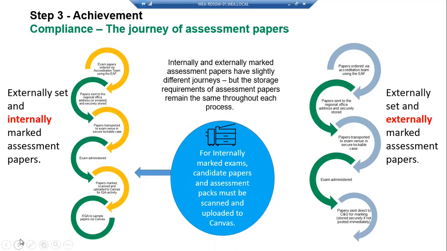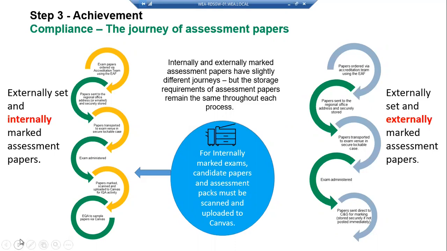So I don't know if I need to read all these out because you are going to receive these slides, but the difference here is in the externally marked one, straight after the exam, those papers are sent directly back to City and Guilds. And if they're not posted immediately, then yes, they would have to be stored securely until they're posted back. So referring back to Rosie's question about after the exam, that's the difference.